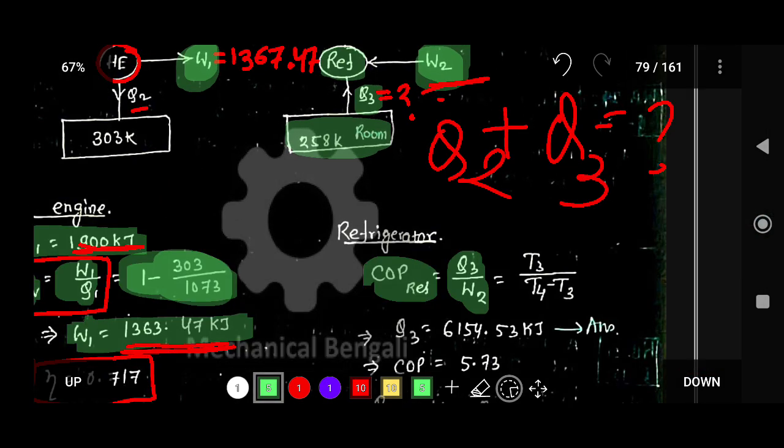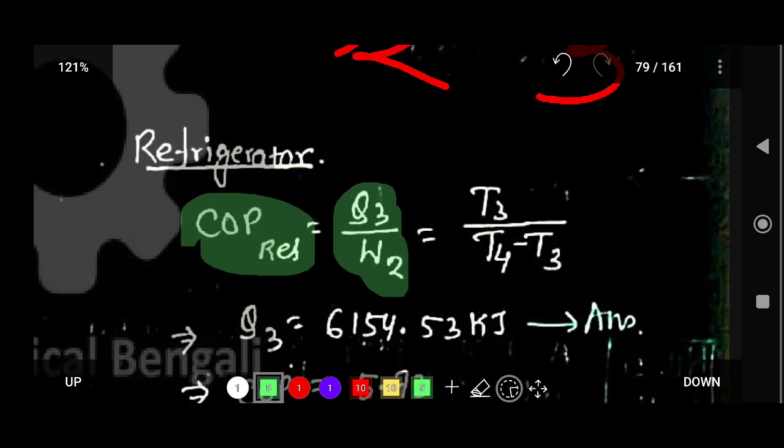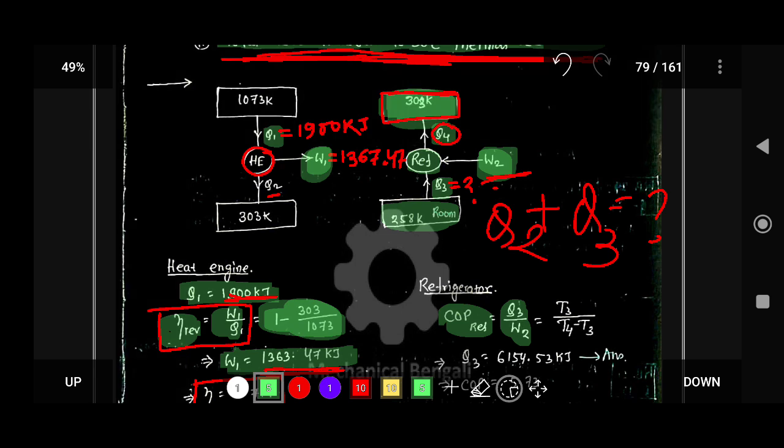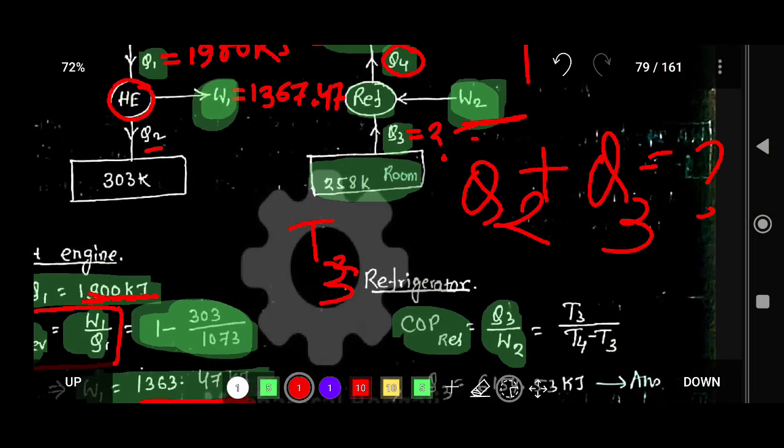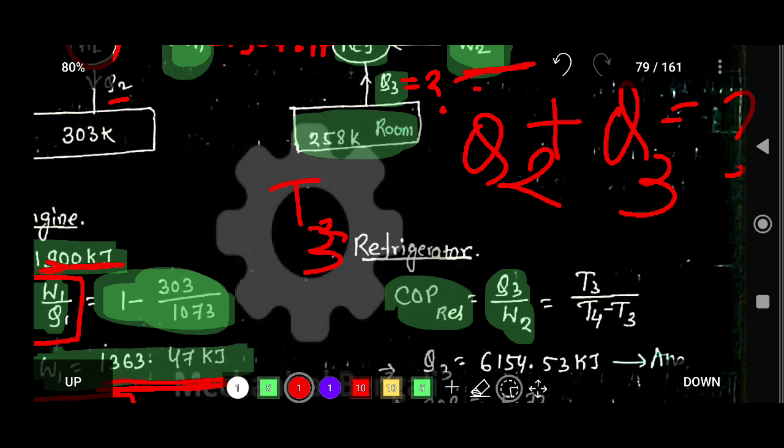So Q3 by W2. Consider this is T3 temperature and this is T4 temperature. T4 is 303 Kelvin, and T3 is 258 Kelvin.